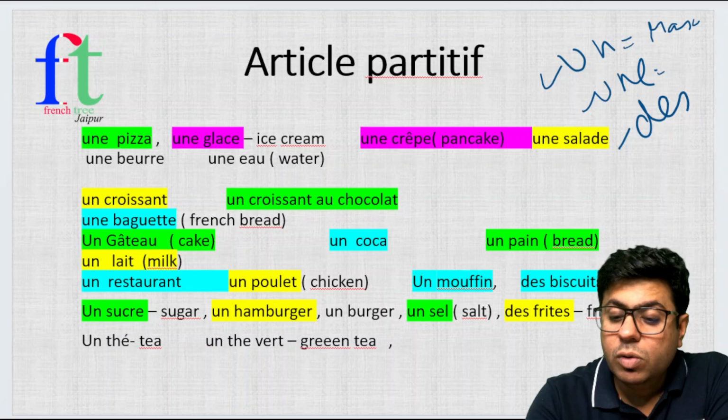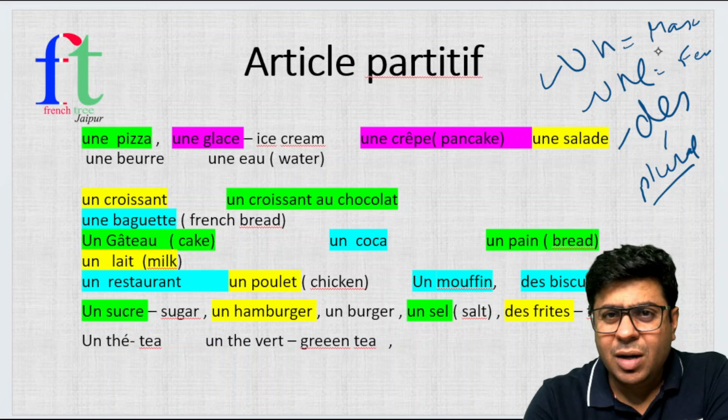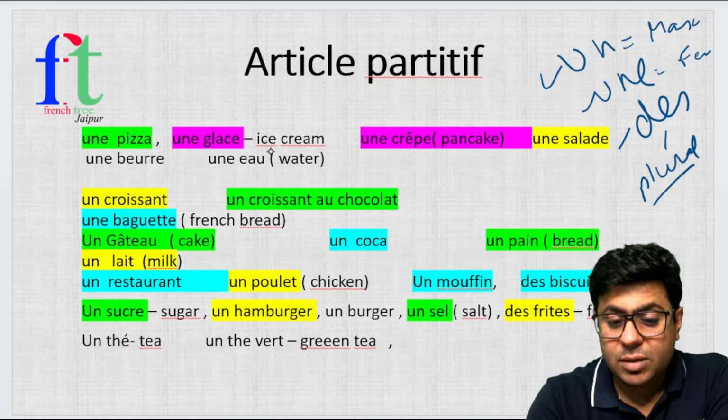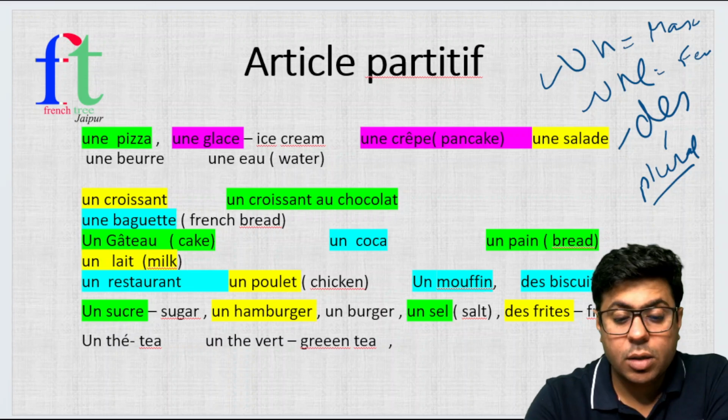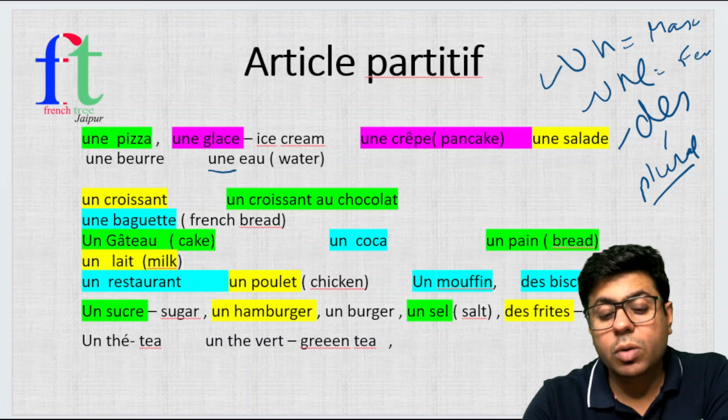So le, la and les explain the gender of the item. For example, first is une pizza. Pizza is feminine. Next, une glace, une crêpe, une salade, une boisson. Normally these items are not countable, so I'm just putting une to let you know they are feminine.